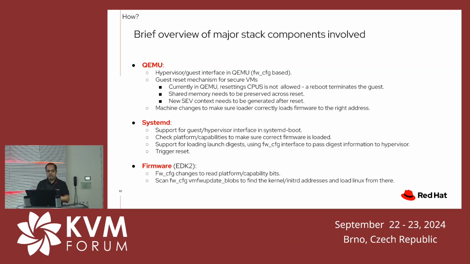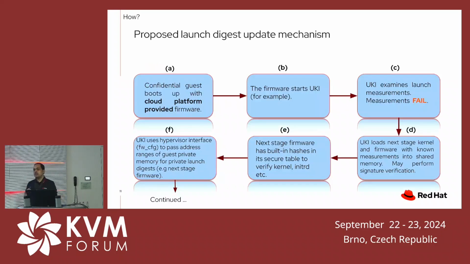So we'll get to the details later. And of course, we also need to change the firmware, in which case it's EDK2, to actually load the kernel and initrd. So let's look at the overall picture of how this mechanism works. It basically works on a two-stage principle. So first of all, the guest boots with the cloud platform provided firmware.